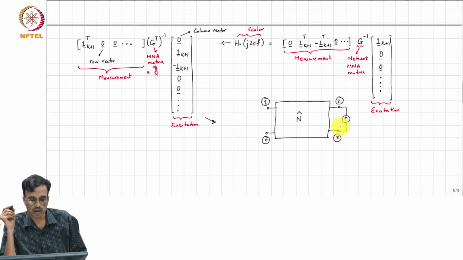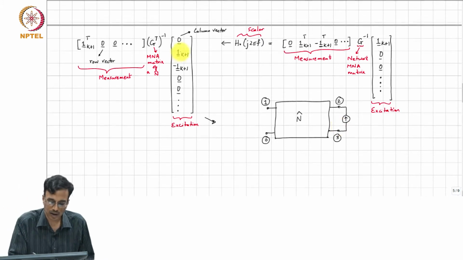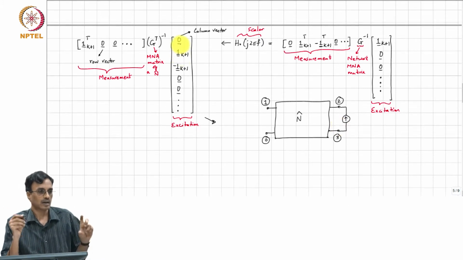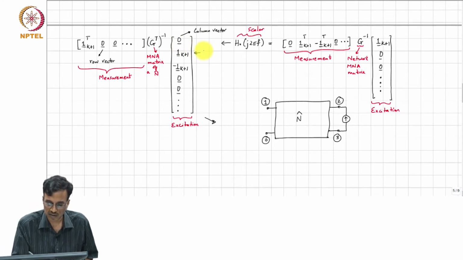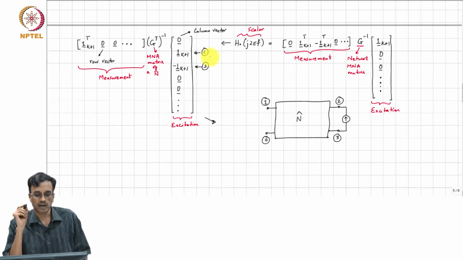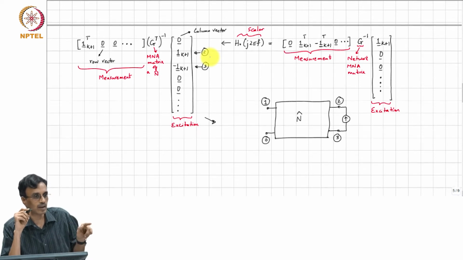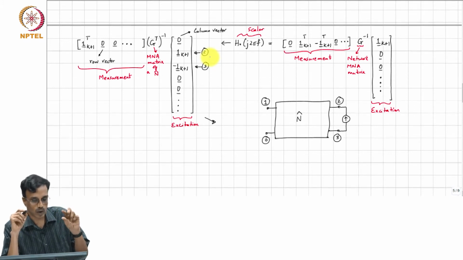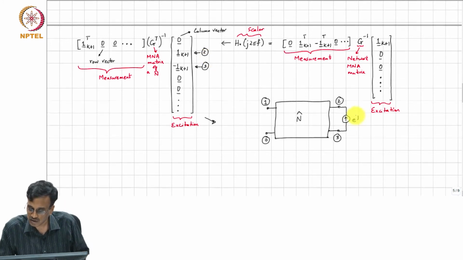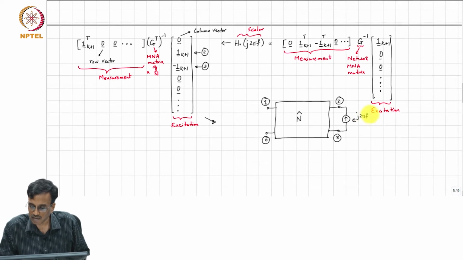And where are we exciting the network? Well, the current source is between nodes. So, this corresponds to excitation at node 2, this corresponds to excitation at node 3, and at what frequency are we exciting the network? At f, right, because only the k plus 1th term is 1. So, this must be e to the j 2 pi f t.